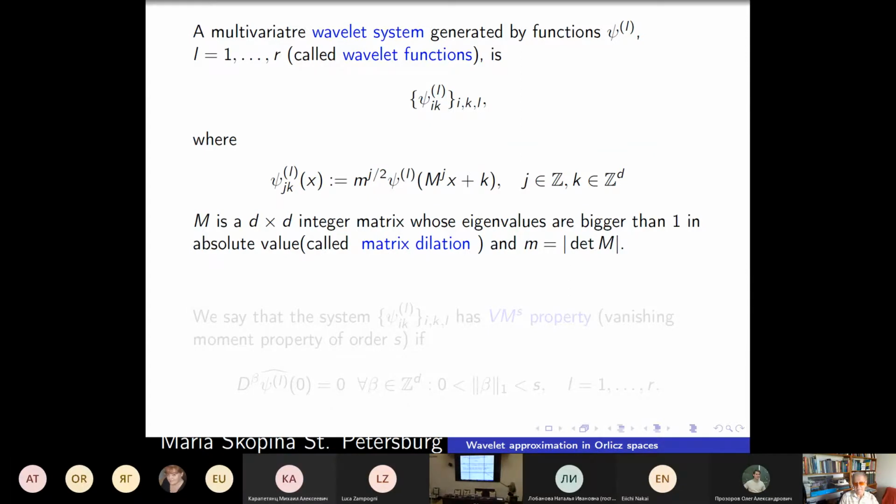The system is scales, dilations and integer shifts of a finite number of functions psi L. These functions are called wavelet functions.